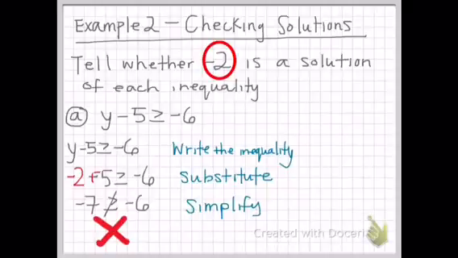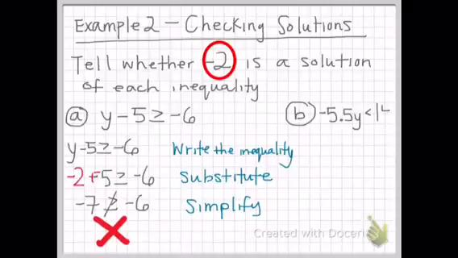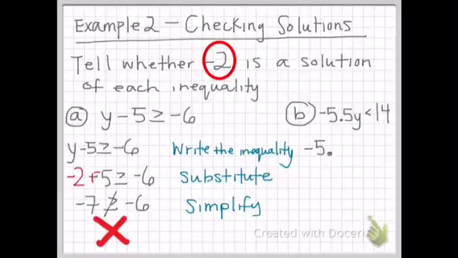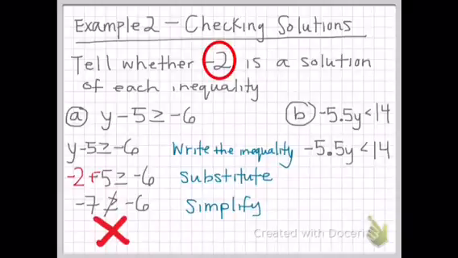Let's go ahead and try another inequality. Okay, so B, we're going to do the same thing, same steps. Write the inequality, substitute, then simplify. So let's try this. -5.5y. Ooh, what operation is that? Multiplication. Negative 5.5y is less than 14. So, first step, rewrite it. Yes, write everything you see.